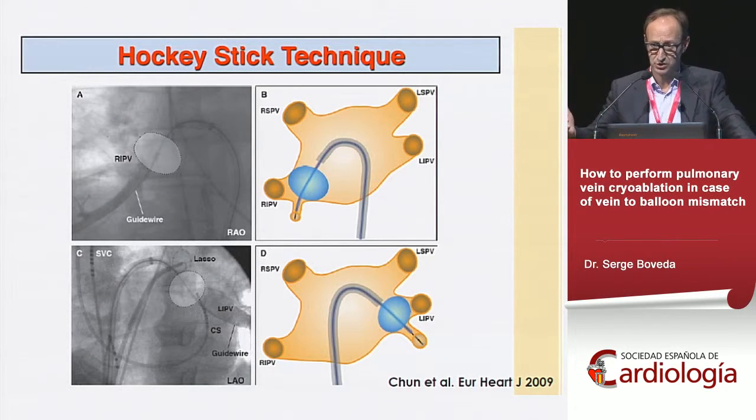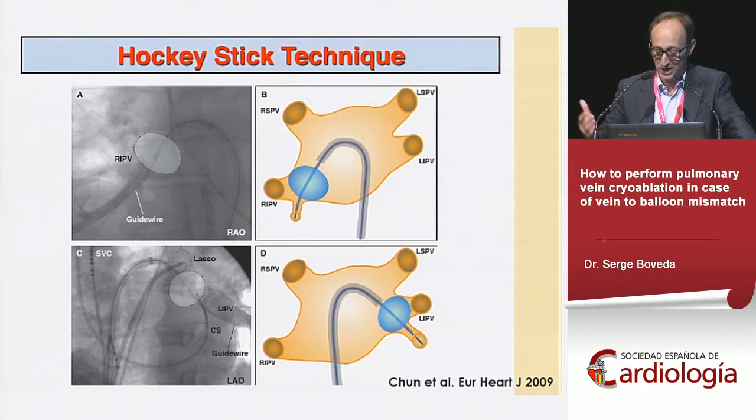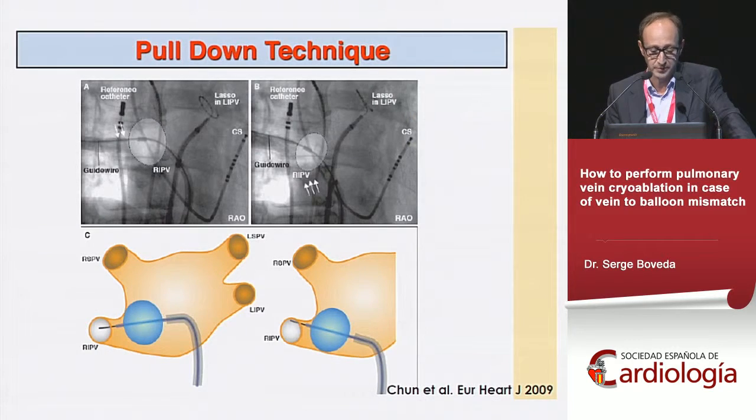So there are many tips and tricks that we use every day. They have been described for many years by Julian, showing, for example, the hockey stick technique that can help for very posterior veins. It needs a little skill, but it's not extremely difficult after a learning curve.